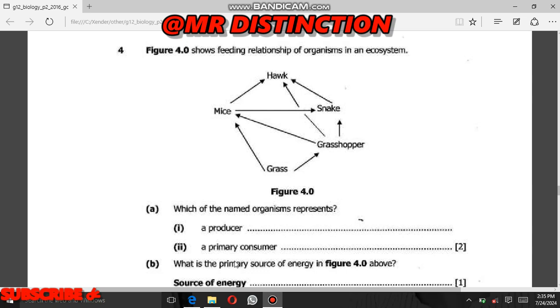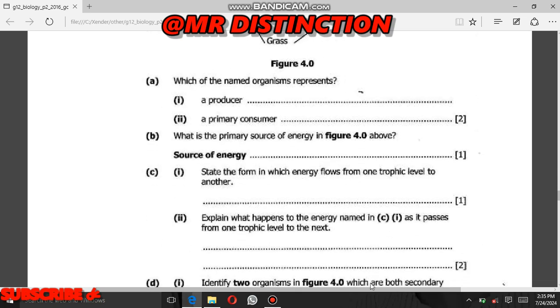Then green plants capture that energy and convert it into chemical energy. So the first source of energy is the sun. For that reason, the sun is the primary source of energy in an ecosystem. So that is the answer for question B.